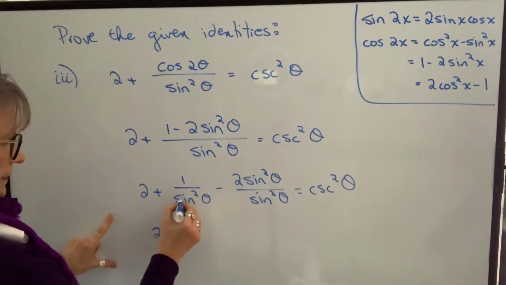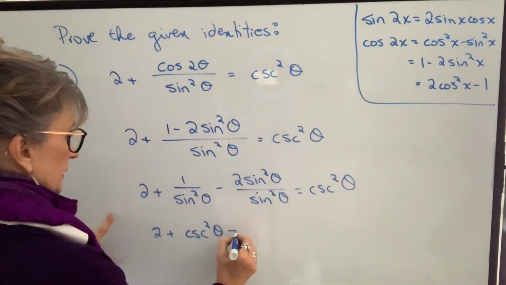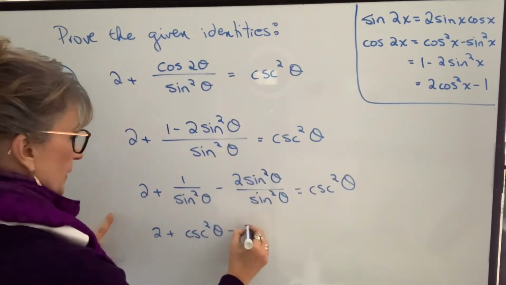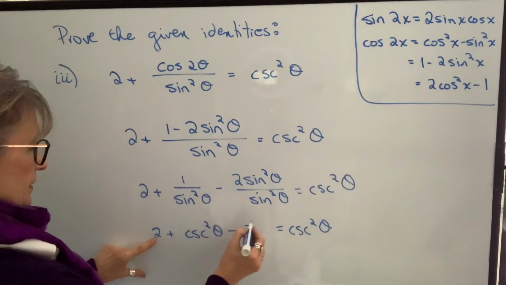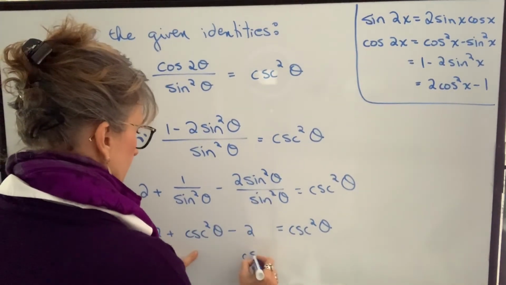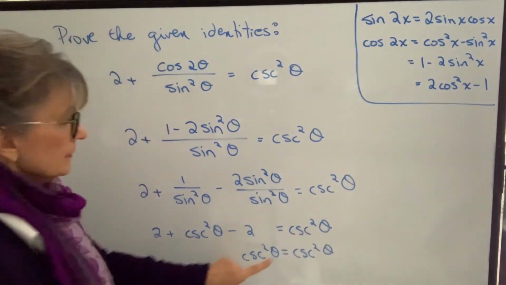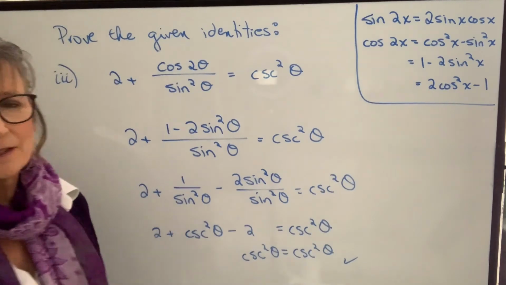One over sine squared θ will be equivalent to cosecant squared θ. Sine squared θ over sine squared θ will cancel, and I'm just left with minus 2 here. 2 minus 2 is 0. So I'm still able to prove it using a different identity.